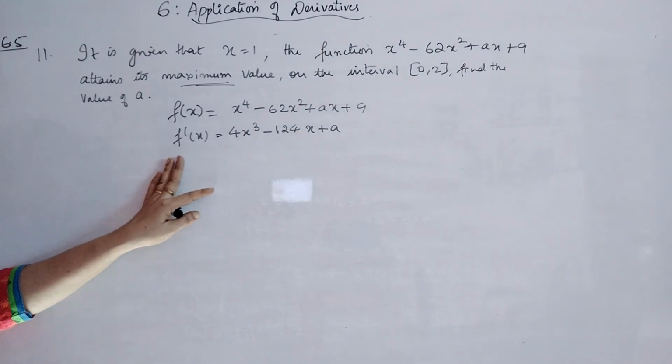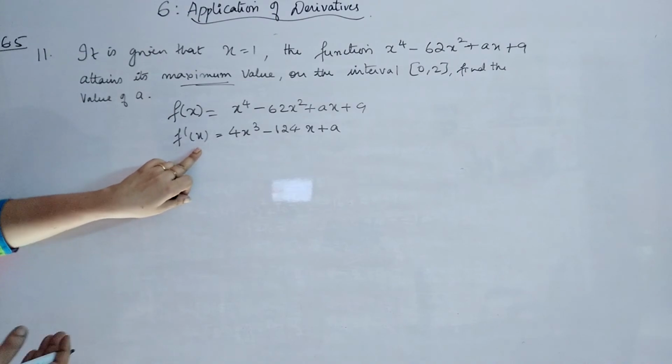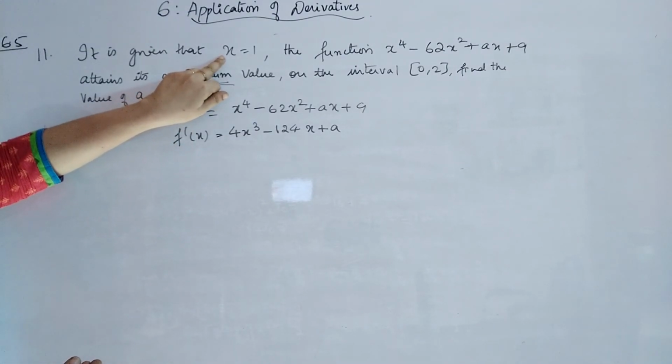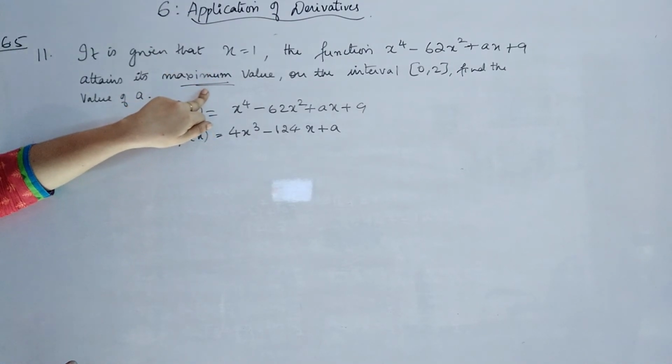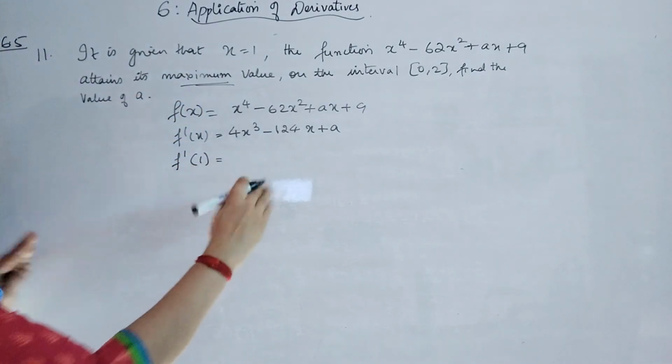But is that necessary to equate it to 0? You can just take it as f dash of 1 because already they have given that the maximum value is attained at x equal to 1. So we can just find out what is f dash of 1 and equate that to 0.